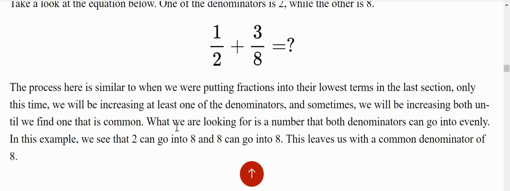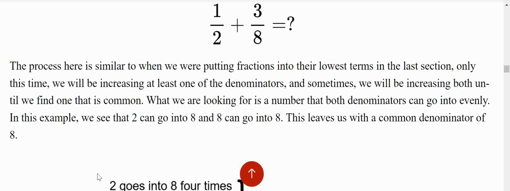What we are looking for is a number that both denominators can go into evenly. In this example, we see that 2 can go into 8 and 8 can go into 8. This leaves us with a common denominator of 8.